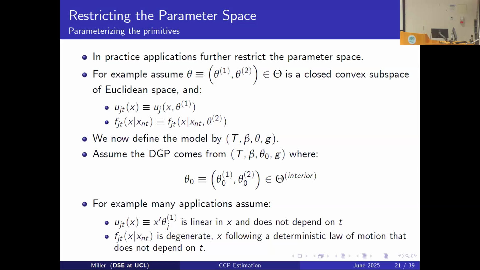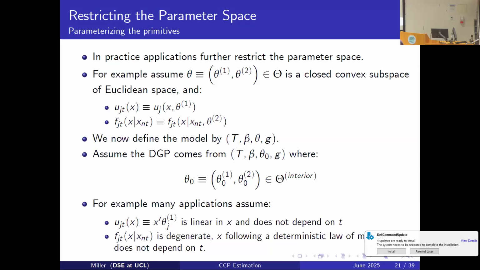And then assume that the data generating process comes from one of these models, in other words, a model in which there's a particular theta 1, particular theta 2, everyone's solving their problem subject to that. And we're trying to find out which one of the thetas it is. We'll call that theta 0.